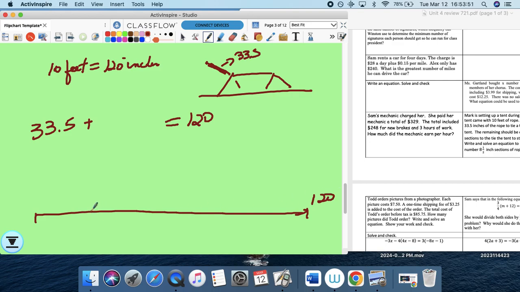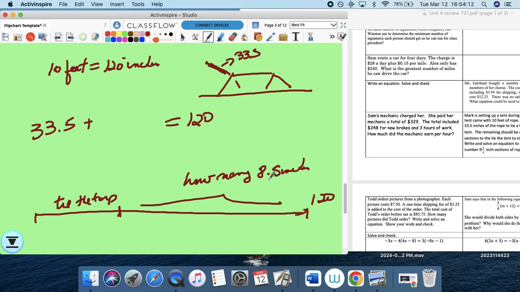Okay, this much is what you use to tie the tarp. So you have this much left over, and how many 8.5 inch sections can we make with the leftover?